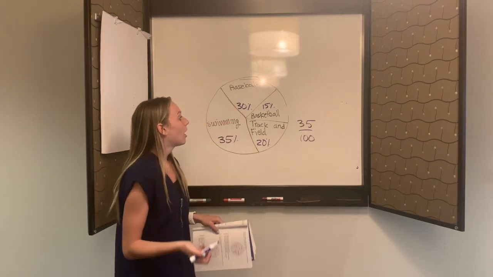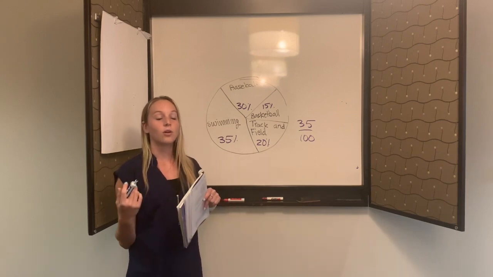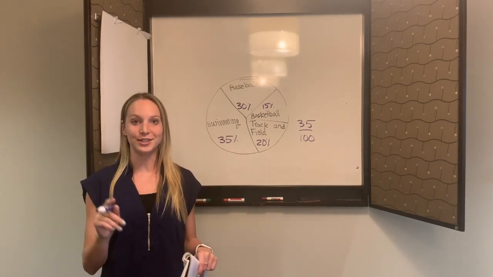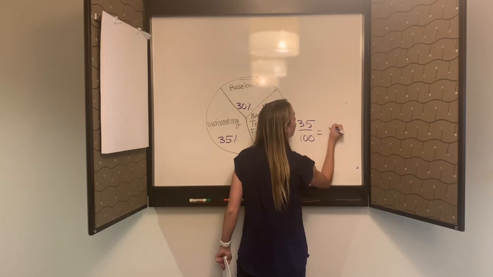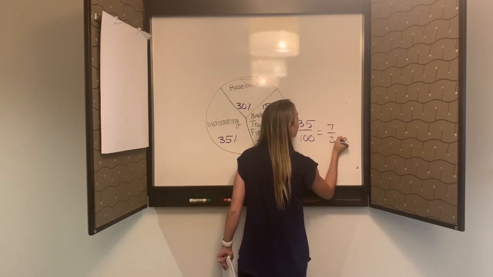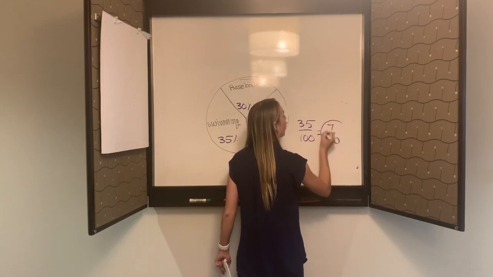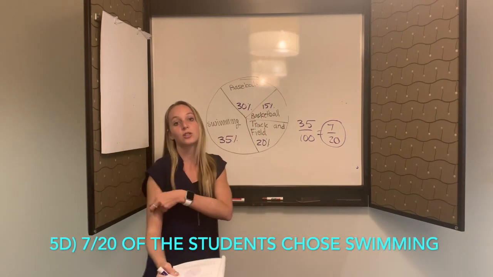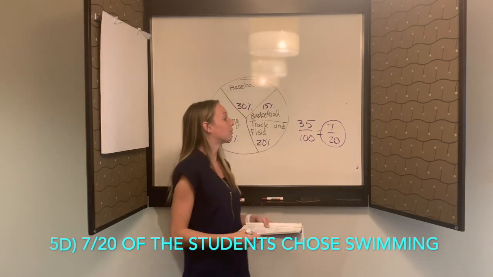So how would you make 35 over 100 simplified? I'll let you solve. When you do simplify it, you get 7 over 20 as the most simplified fraction. So 7 over 20 is the fraction of students that chose swimming.